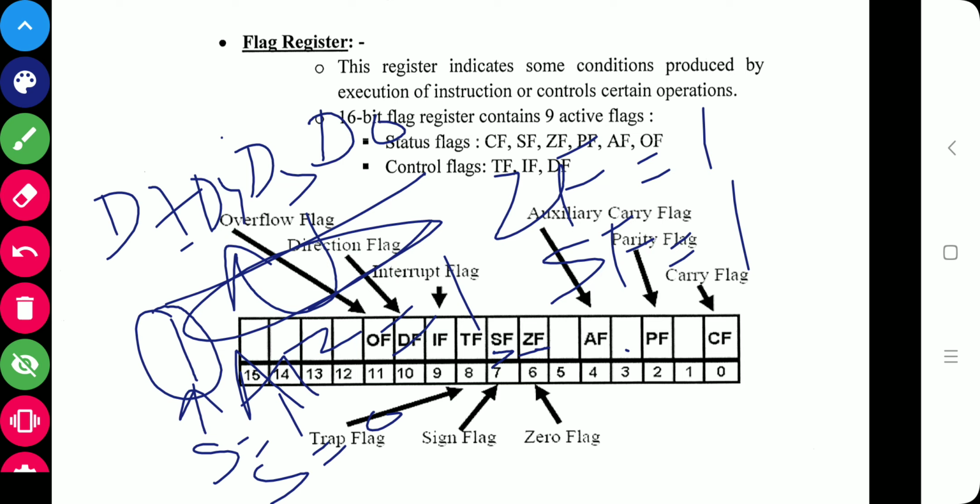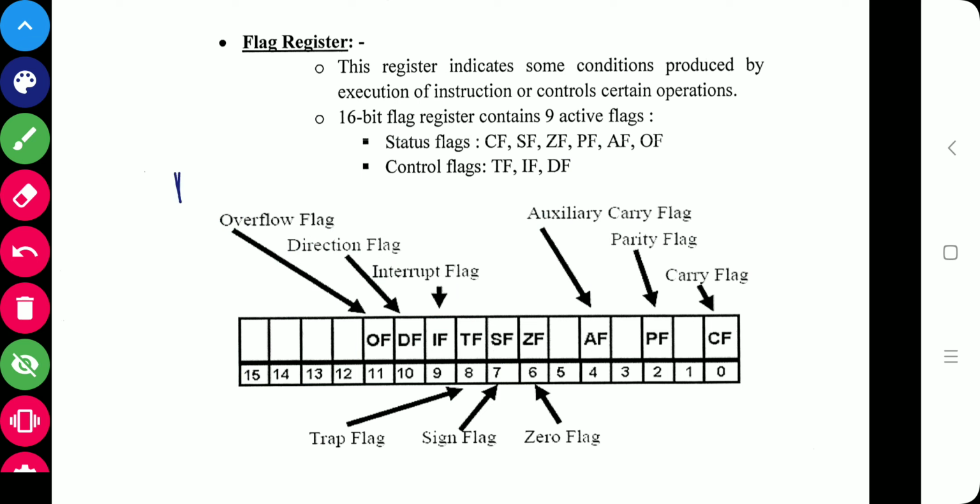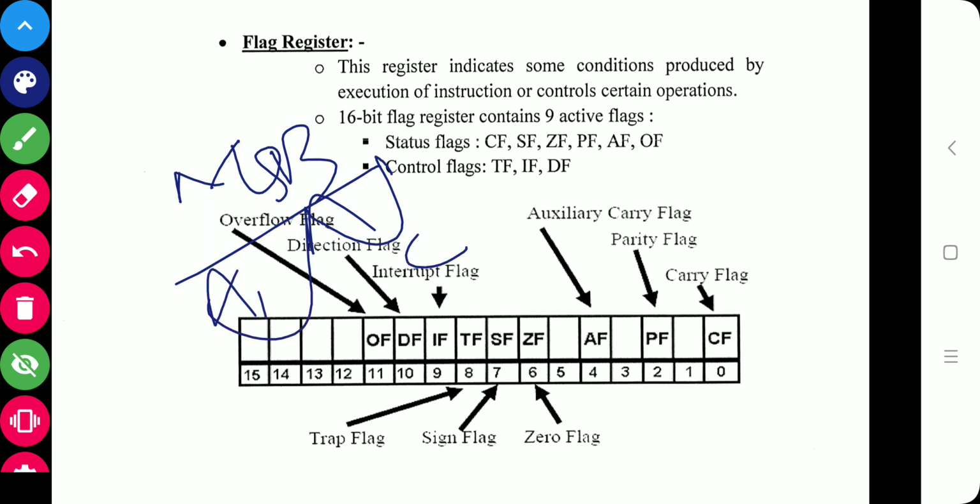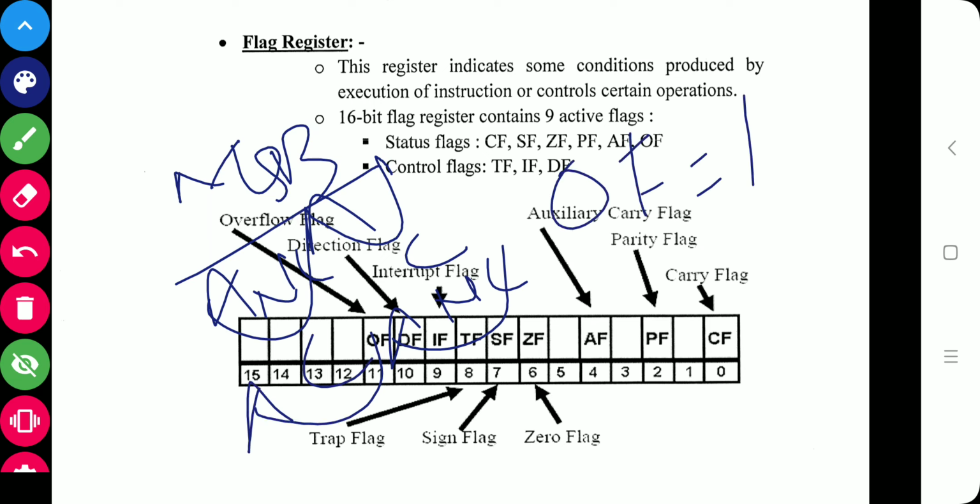Then the overflow flag. The overflow flag is set if there is a carry into the MSB and no carry out of the MSB, and vice versa, meaning there is no carry into the MSB and a carry from the MSB, then in that case our overflow flag is 1, otherwise the overflow flag is 0.